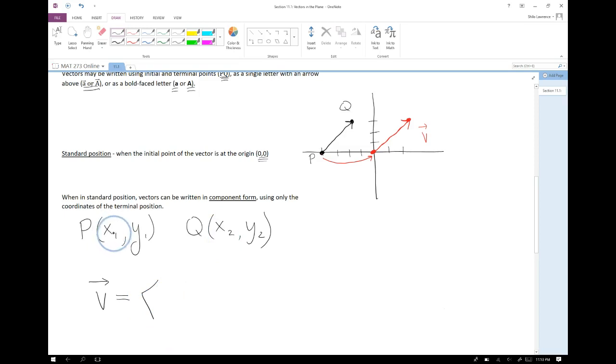To move x1 to 0, I'll have to subtract x1, and I've got to do the exact same thing to my Q. So my new terminal point will be x2 minus x1. And then to move y1 to 0, I need to subtract y1 from it, and then we need to do the same thing to our Q point. So the new y coordinate would be y2 minus y1.